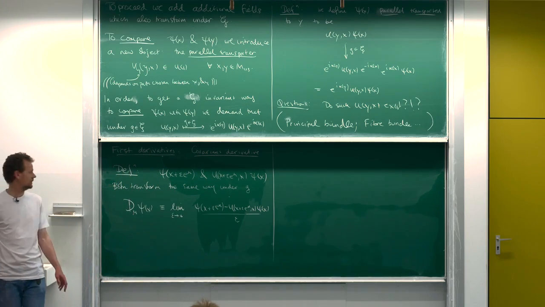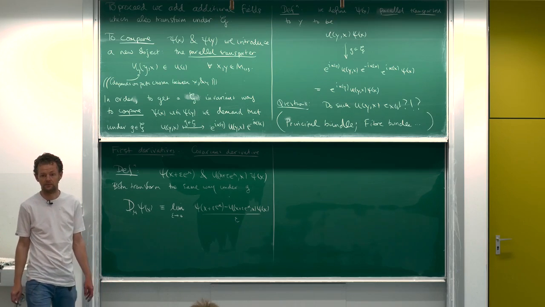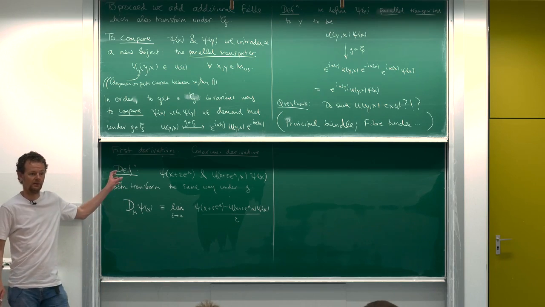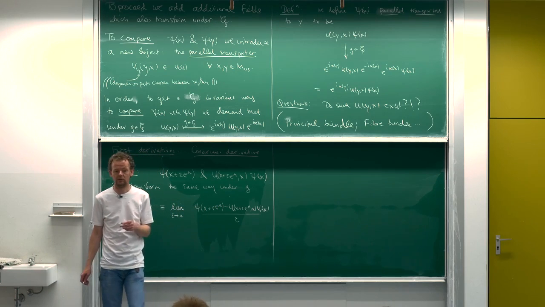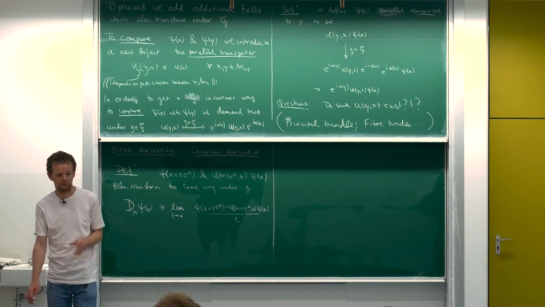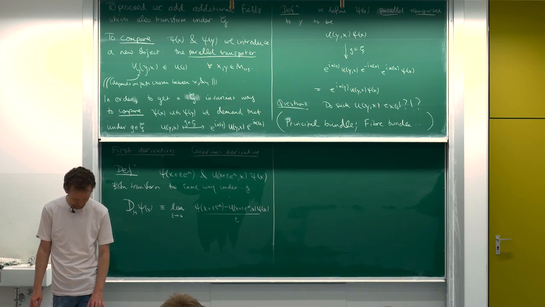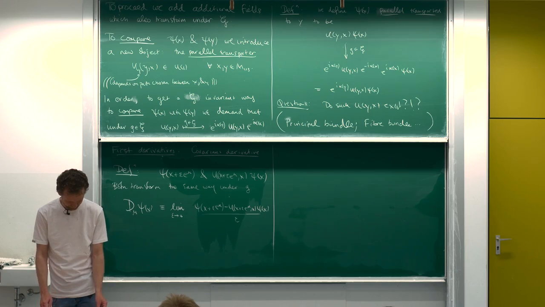So that certainly will transform in the right way, because every point along the sequence of terms in this limit transforms in the right way. So it's good.